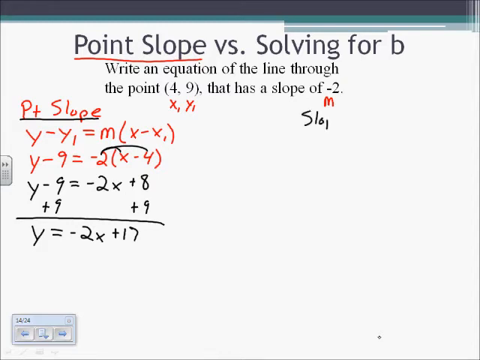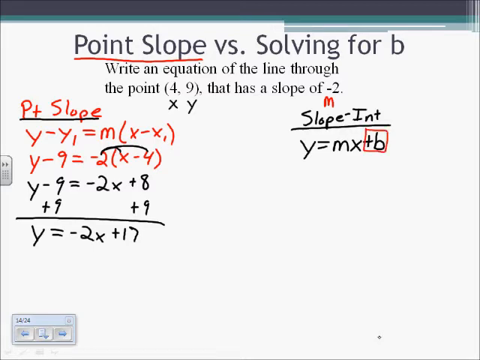The solving for b method really comes down to y equals mx plus b, where we have our two pieces of information, our slope m and our point, which they call x and y here. What we want to do is find the y-intercept, which is the b. So we're trying to find b in the end.